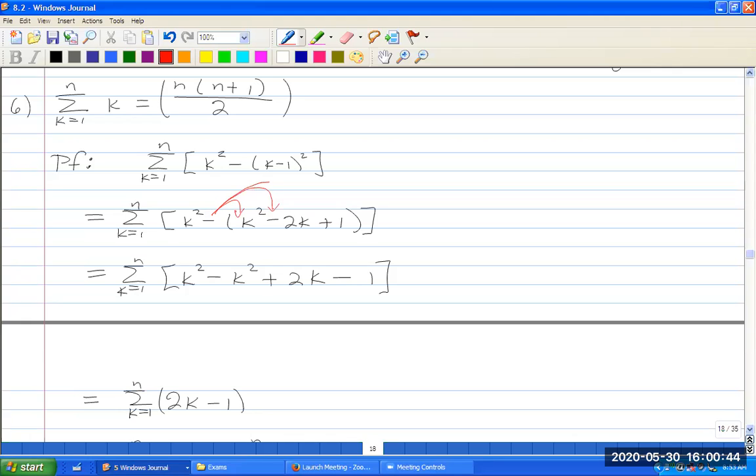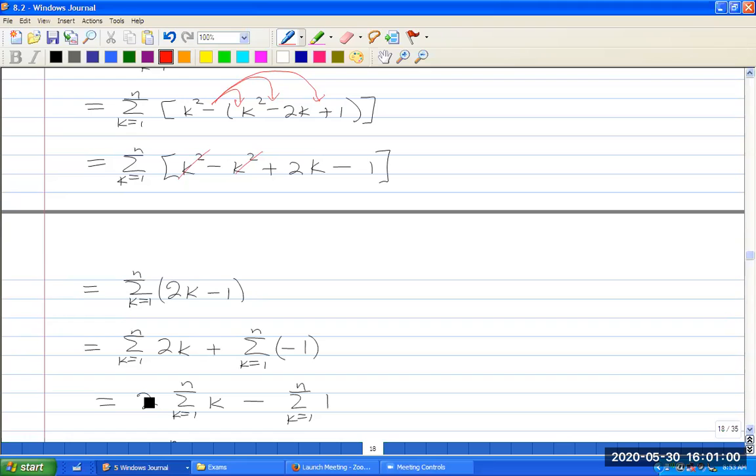So now, canceling out the k squares, I have that this is equal to the sum k equaling 1 to n of 2k minus 1. So now, this is the same as the sum k equaling 1 to n of 2k plus the sum k equaling 1 to n of negative 1.